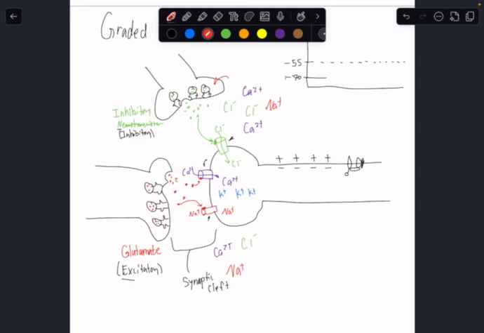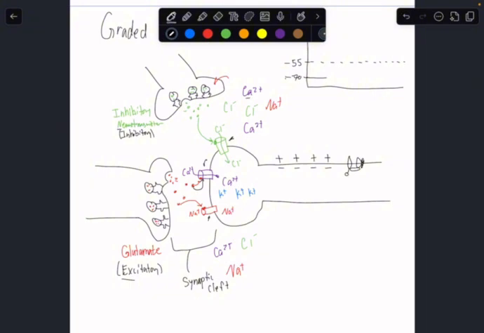And then over here we have the glutamate, which is an excitatory neurotransmitter. For example, right here with the glutamate, it will attach to this kind of ligand receptor, and it'll allow it to open up and let all these ions that are floating around through.